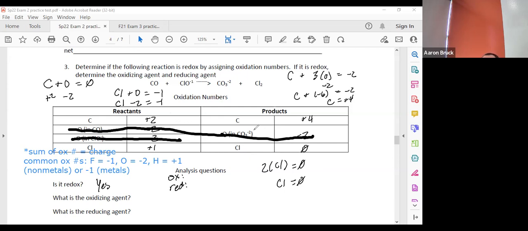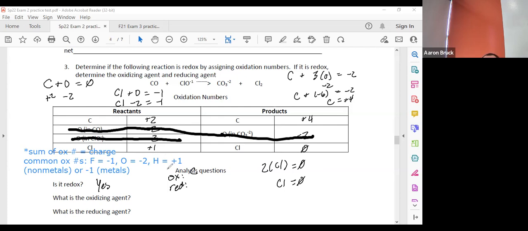So carbon got more positive. Getting more positive means you would have to lose negatives, lose electrons. The loss of electrons is oxidation. Good old LEO goes GER. So carbon lost electrons. It is the thing that was oxidized.